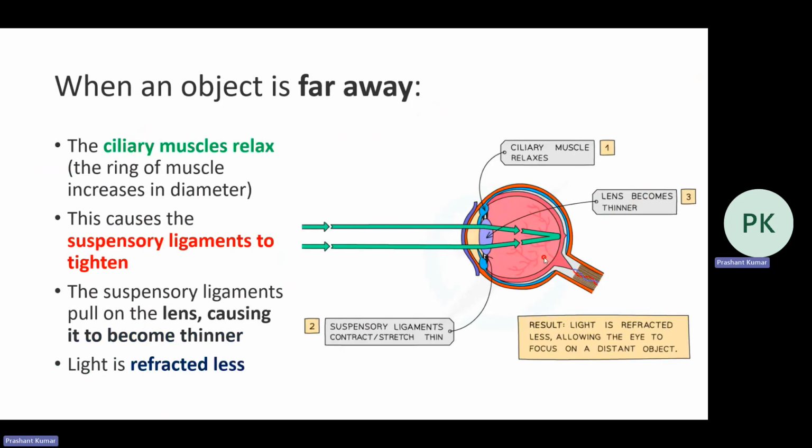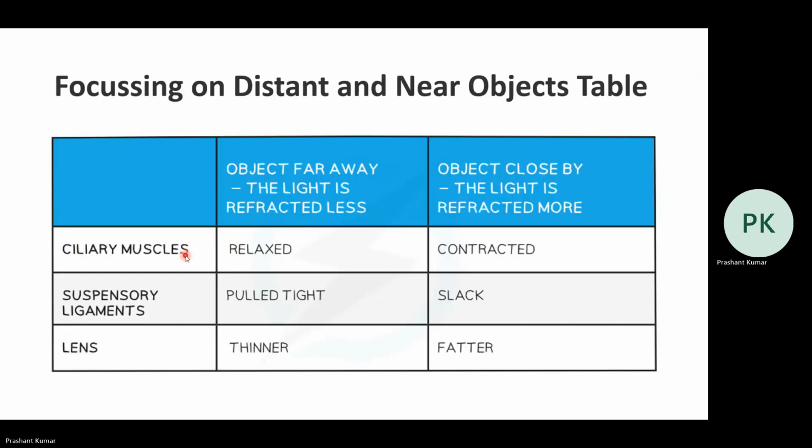It is the reverse when you are seeing a far object. In this case, ciliary muscles relax, the suspensory ligament is tightened up, and the suspensory ligament pulls on the lens, causing it to become thinner. So there's a big difference between these two different types of light.